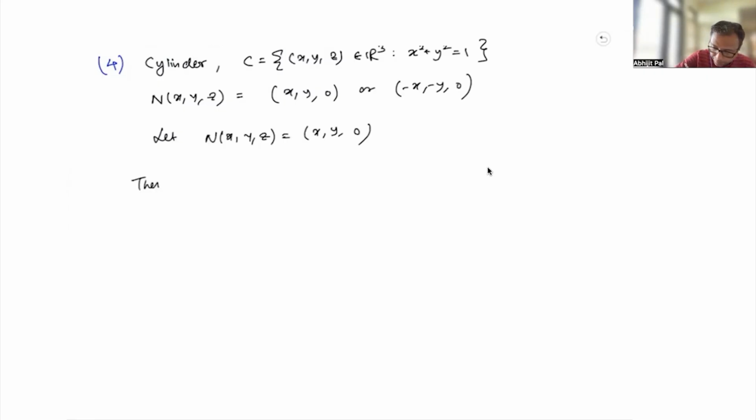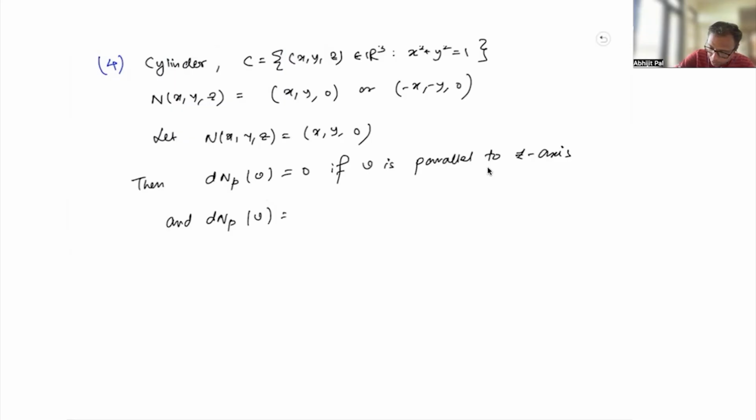So let n(x, y, z) equal to (x, y, 0). Then dn_p(v) is equal to 0 if v is parallel to the z-axis, and dn_p(v) equals v if v is parallel to the xy plane.